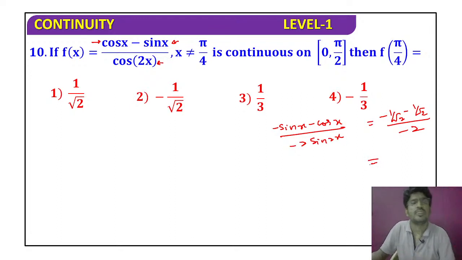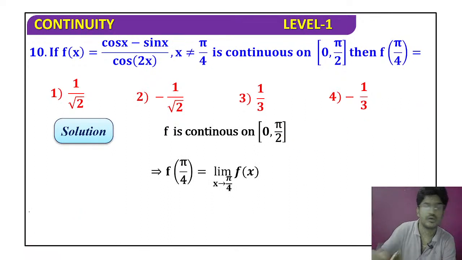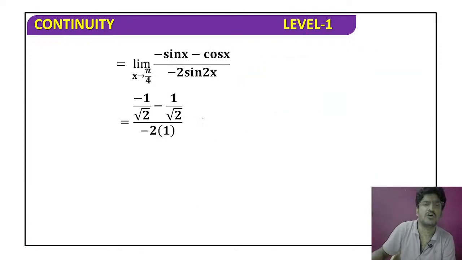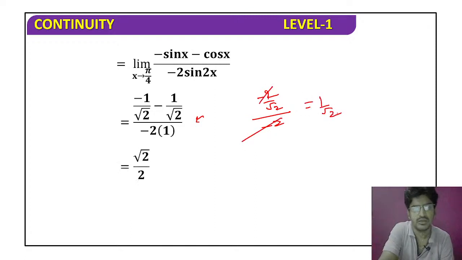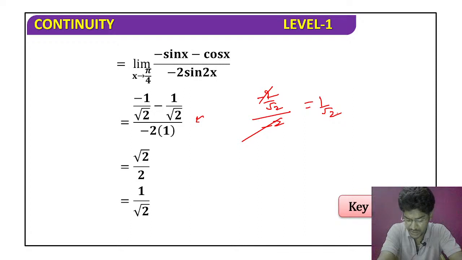So from this you can just see how to simplify it by using L'Hospital rule. Minus 2 by root 2 divided by minus 2. So minus 2 will get cancelled. 1 by root 2 will be the answer. So plus 1 by root 2 is going to be the answer. That is option 1. Option 1 is the correct answer for this particular problem.